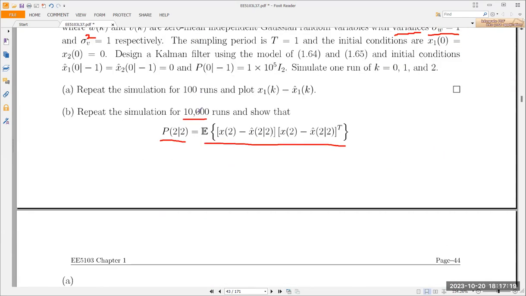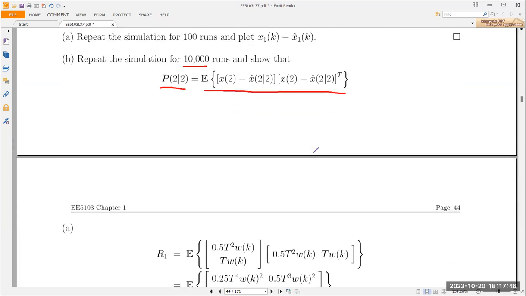Last week's tutorial was to show this using algebra. Today, verify it using MATLAB. Your MATLAB will calculate this, then use your MATLAB to calculate this. Let me draw it for you clearly. You see there are two states here.